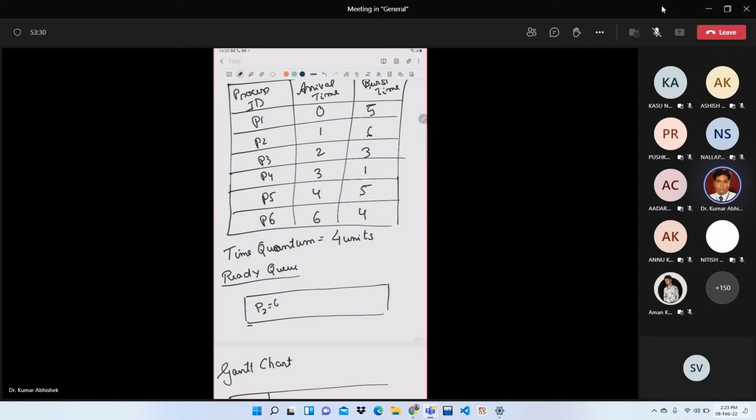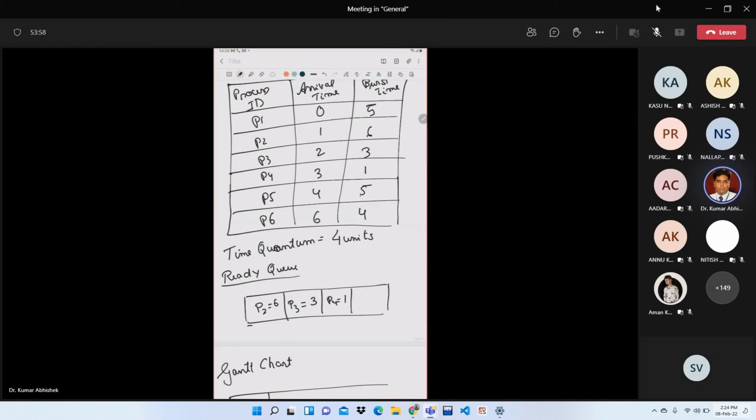P2 equal to 6, P3 equal to 3, P4 equal to 1, sorry, I am writing the arrival time.